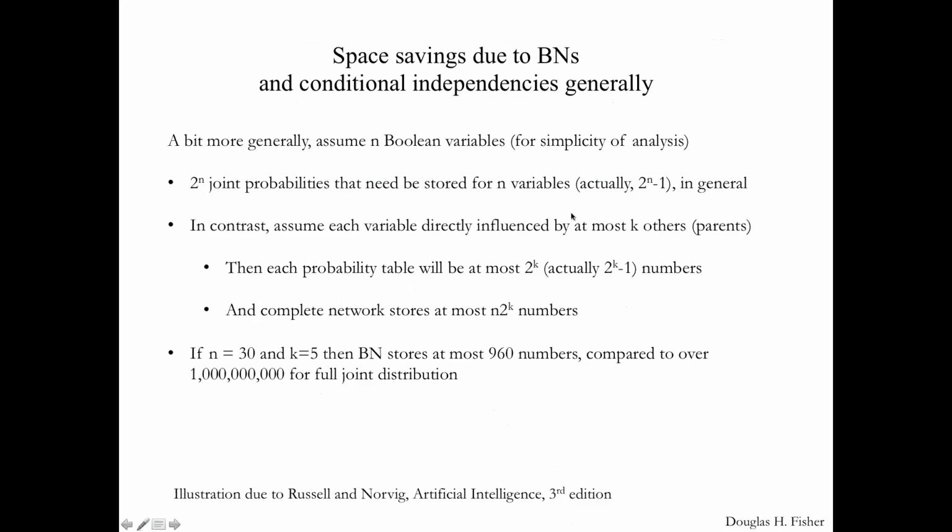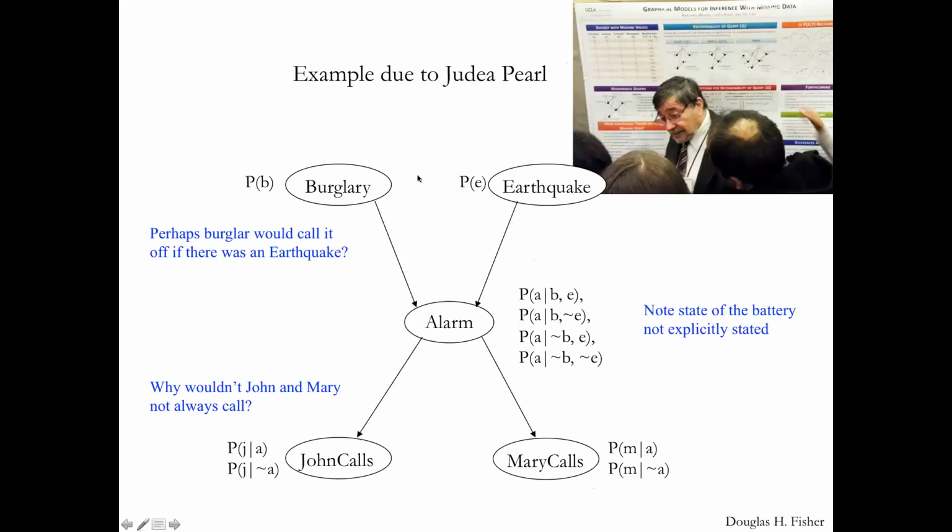Again, assuming that all the variables are Boolean and I have n Boolean variables, I would in general have to store 2 to the n, actually 2 to the n minus 1, because I don't have to store that very last one. I can compute that given the sum of the others. But let's just say 2 to the n joint probabilities need to be stored for n variables, because there are 2 to the n different patterns of assignment to those n variables.